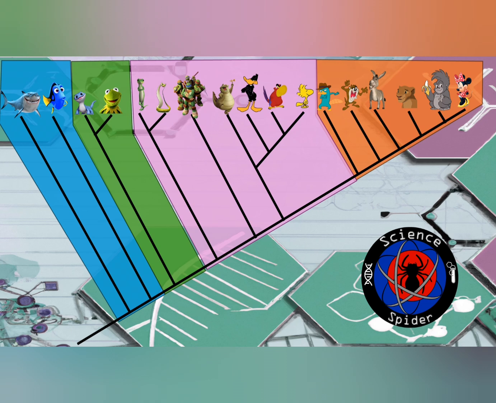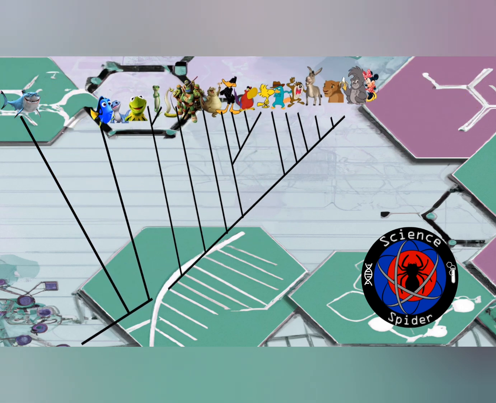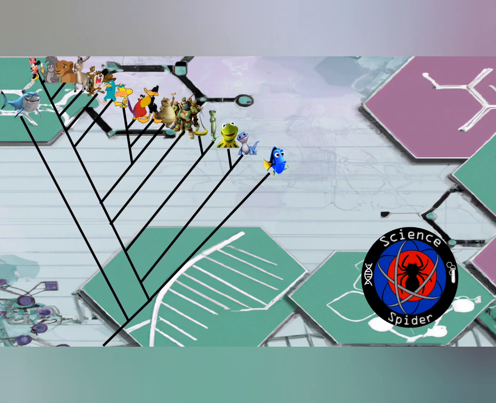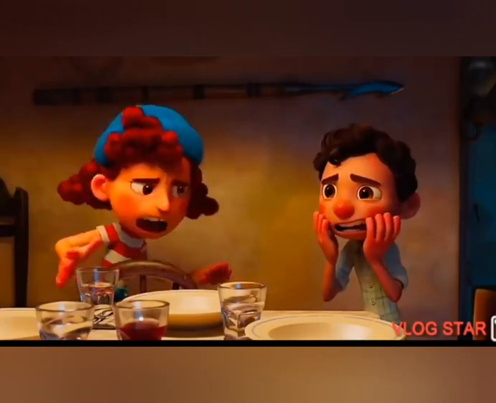But you might have noticed there is something else that's a little odd right here at this node. So if we swivel this group, we encounter a similar problem. We've split up the fish, so now we have fish, everyone else, and fish. So where does that leave us?